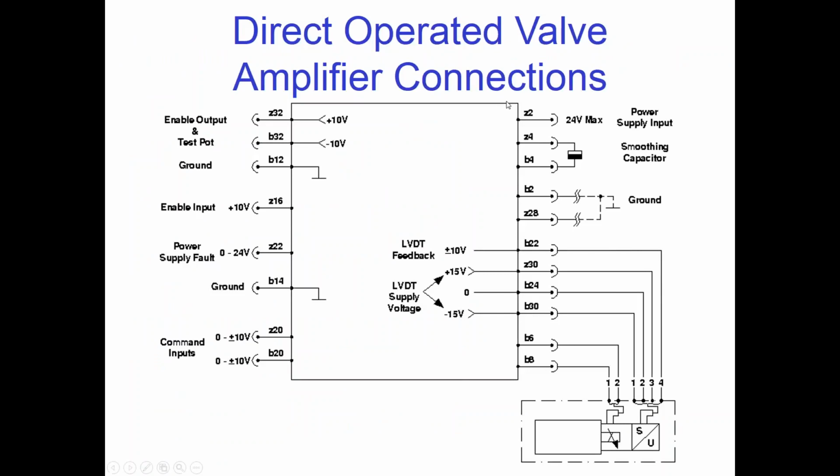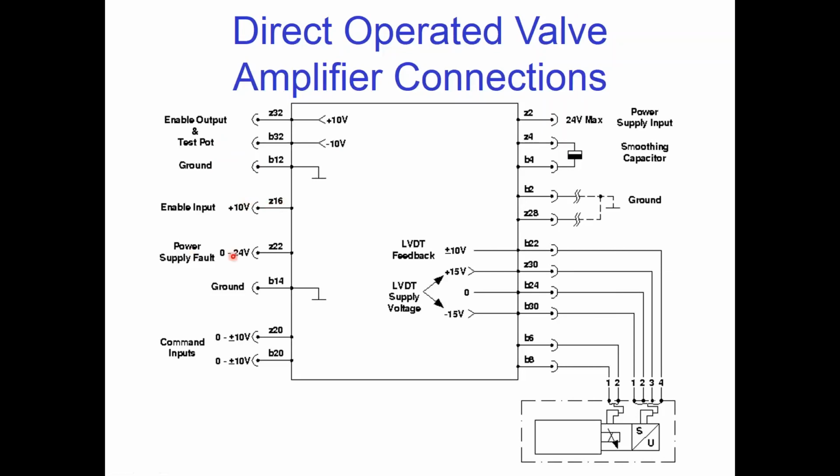Here are the connections on your valve amplifier. Your enable output and your test spot and ground, Z32 and B32, plus or minus 10 volts for enable output, and then there's an earth ground here. Our input, plus 10 volts here.